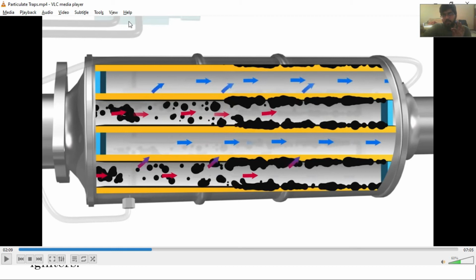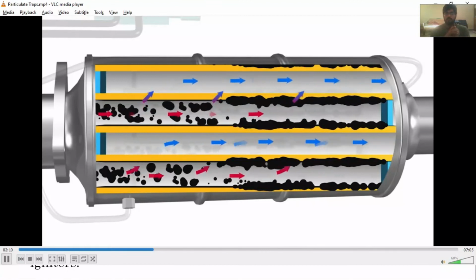And when this pressure differential sensor shows the amount of pressure difference which we have set in the auto ignition system, then this self ignition system will ignite these particulates, and this phenomenon is called regeneration.